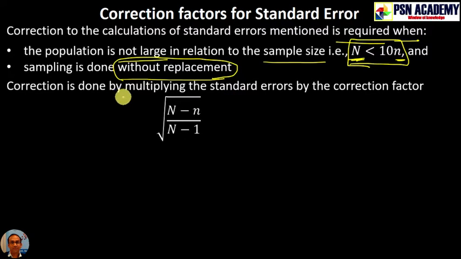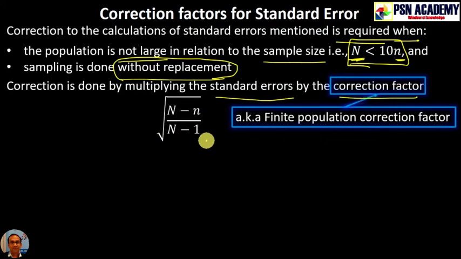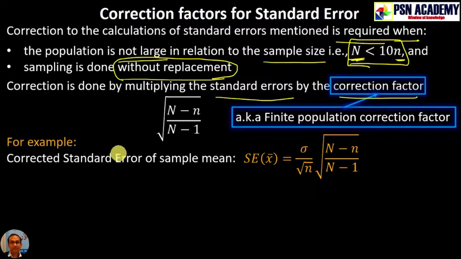So correction is done by multiplying the standard errors, what we have calculated before, by this correction factor, root over capital N minus n by capital N minus 1. Now, this correction factor is also known as the finite population correction factor. For example, we had the standard error for single sample mean as sigma by root over n.